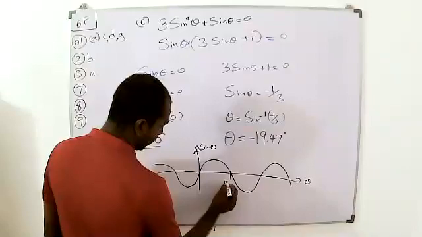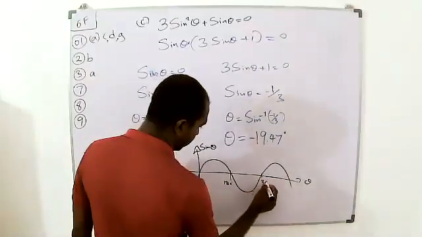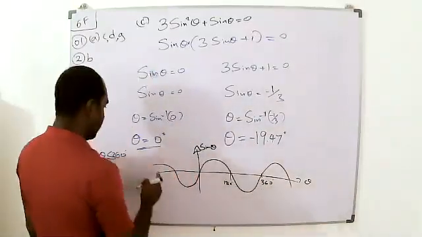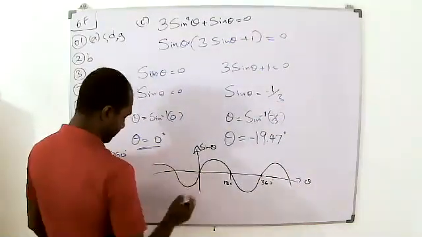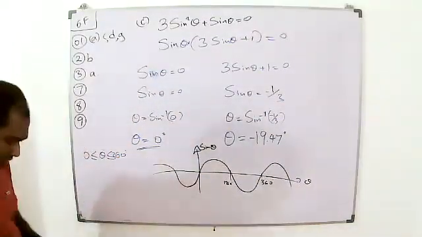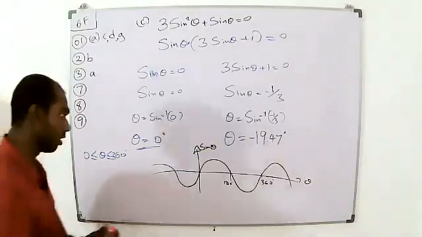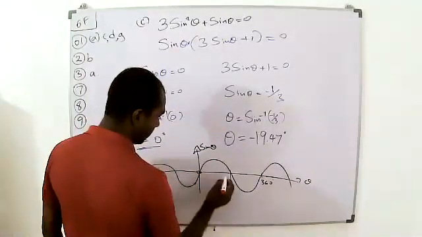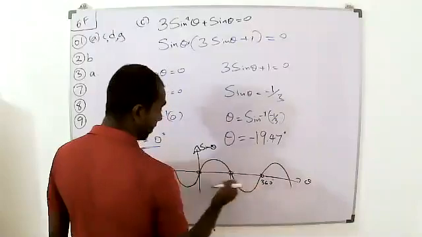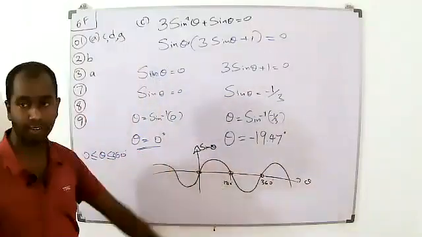So here it is 180, this is 360. We got one solution at 0. What are the other solutions this line is going to cross? It's going to cross here also, here also. So 3 points from 0 to 360.